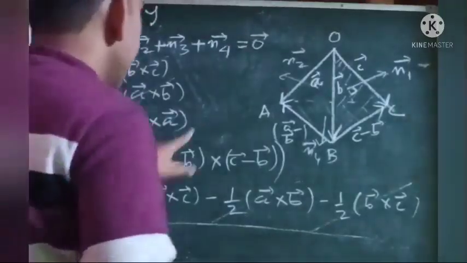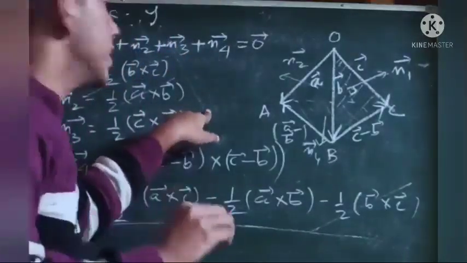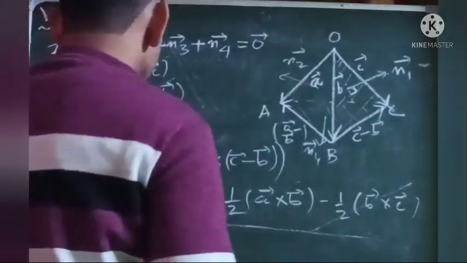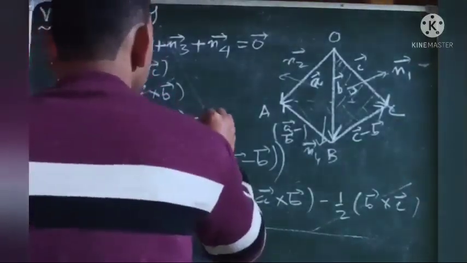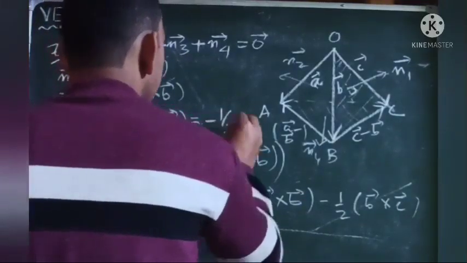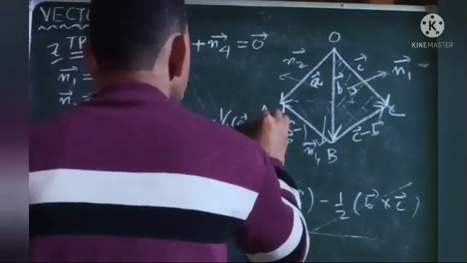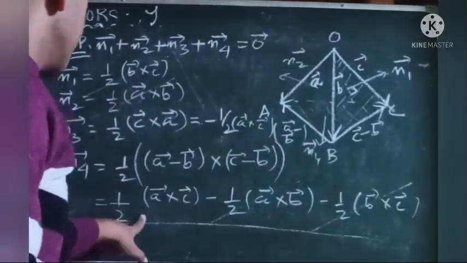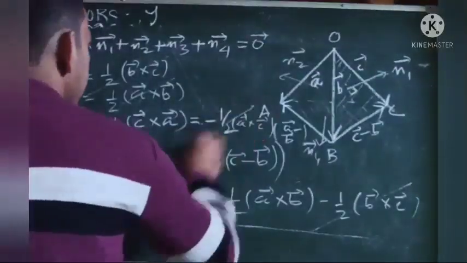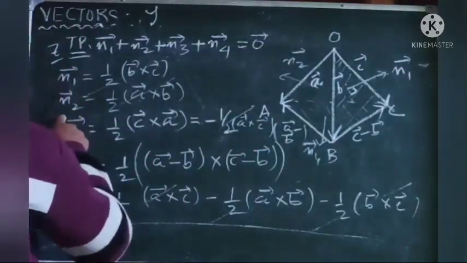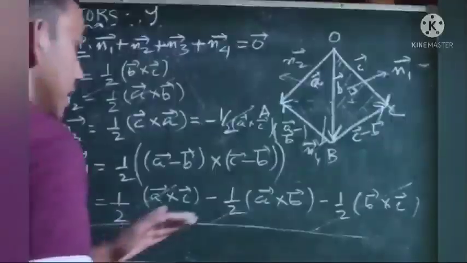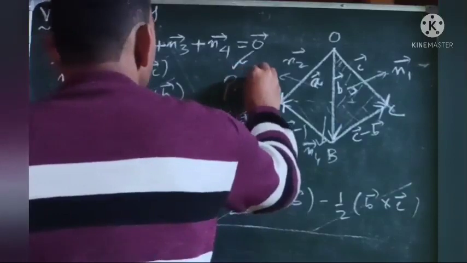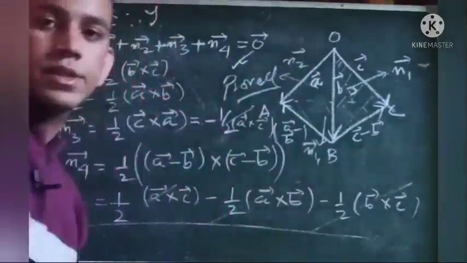We have already learned that A cross B is minus of B cross A, therefore C cross A is going to be minus of A cross C. So here we can write minus half of A cross C, added with plus half of A cross C, which get cancelled. So we are getting n1 vector plus n2 vector plus n3 vector plus n4 vector equal to 0 vector, which is this statement. So we have proved. Thank you.